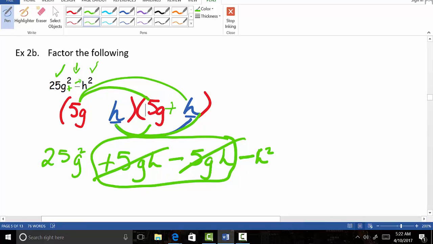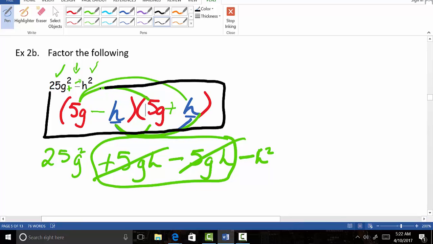On the other hand, when we multiply our h times the 5g, we want it to be negative so that it cancels out with that previous positive 5gh. And as a result, this one has to be negative. Okay, so this is now our factored form for what we were looking at a moment ago. And the green at the bottom helps illustrate and prove why that is.